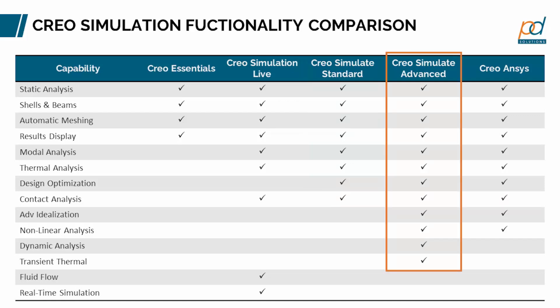In terms of structural FEA functionality, Creo Simulate Advanced is the most powerful package because we have things like dynamic analysis, that's vibration, shock, etc. And we also have transient thermal.